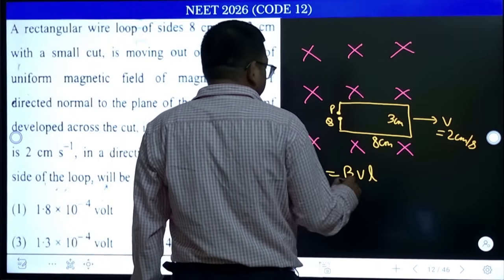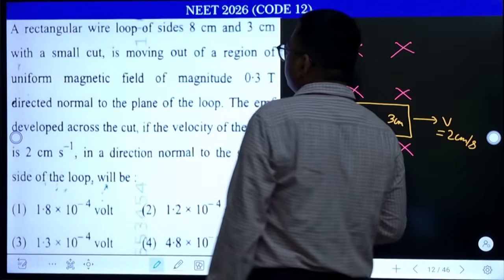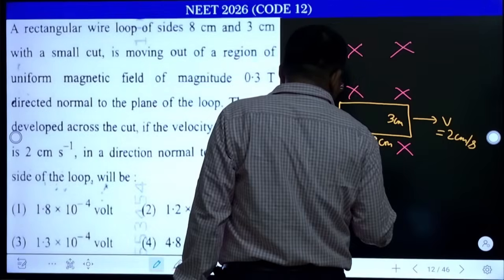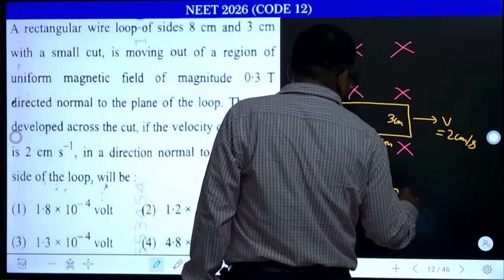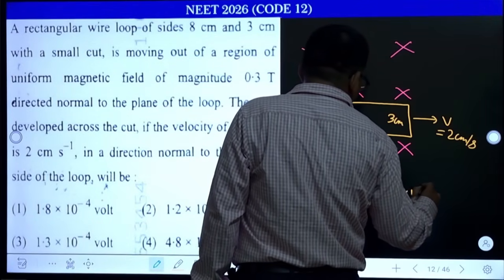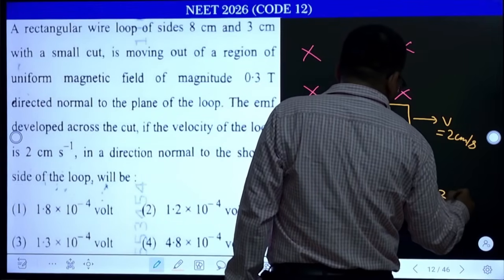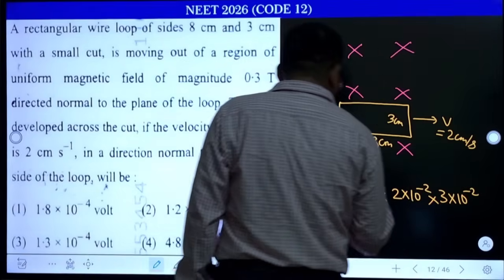Length we have to take 3 cm. Magnetic field is how much? 0.3. Velocity is 2 centimeters, so 10 power minus 2 you have to keep. And length is 3 centimeters, so 3 into 10 to the power minus 2 you have to keep. Now check out.